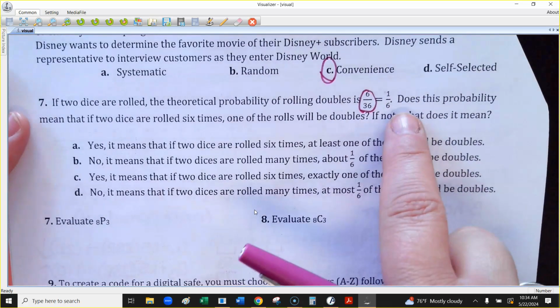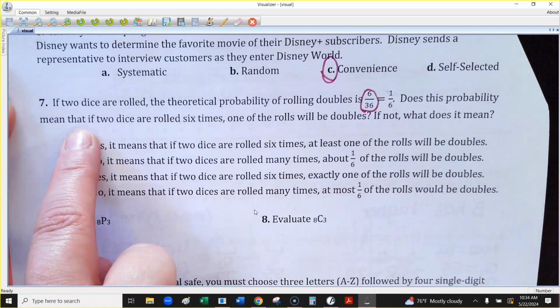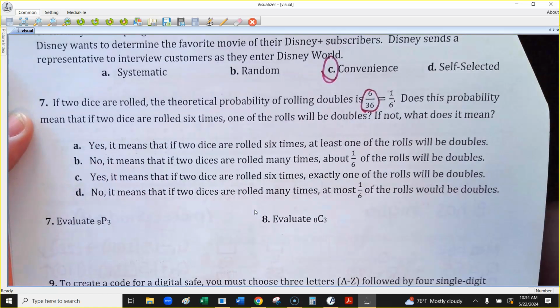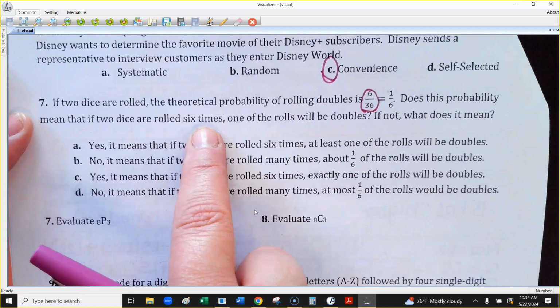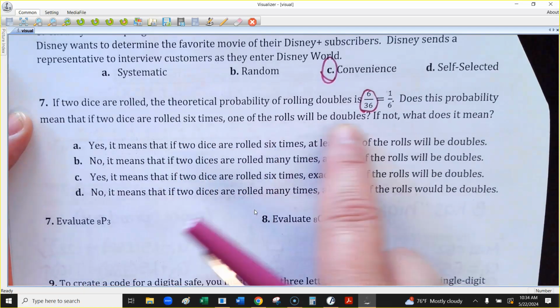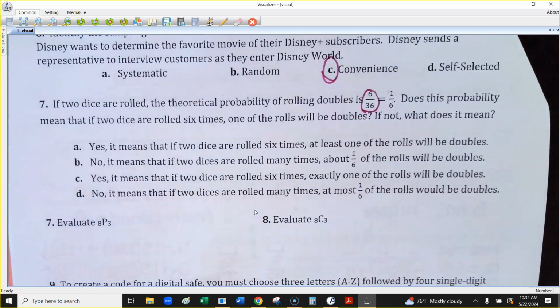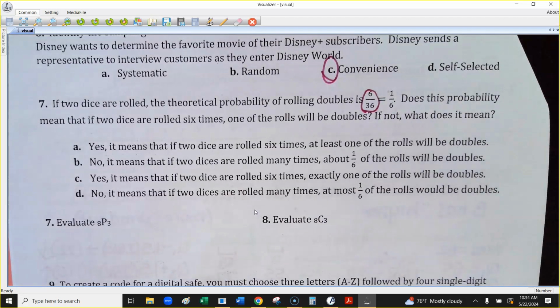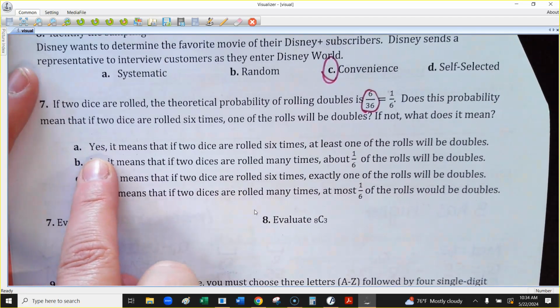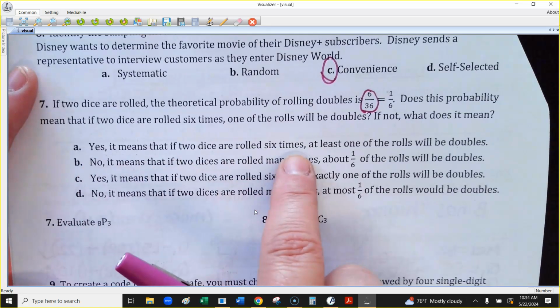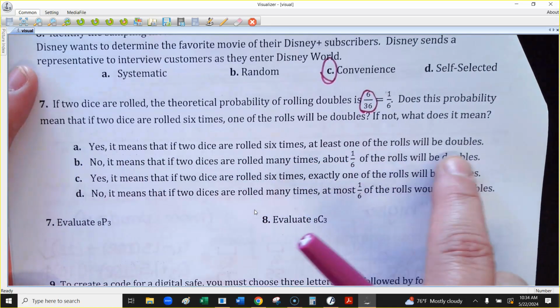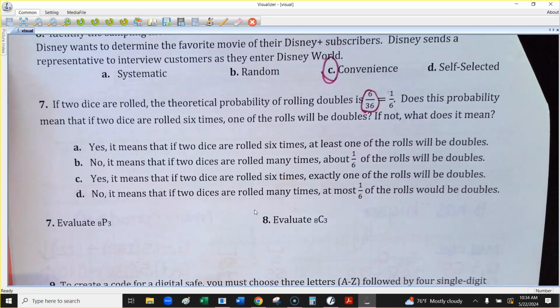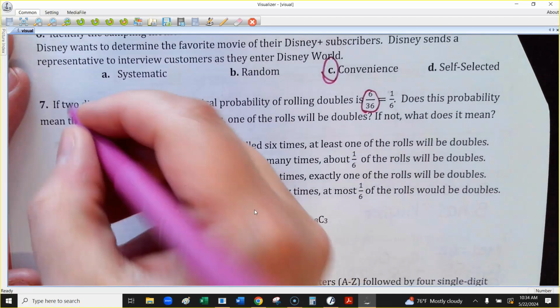Does this probability mean that if you roll 2 dice 6 times, one of the rolls has to be doubles? You're going to just tell me yes or no. It says yes, it means if 2 dice are rolled 6 times, at least one of the rolls has to be doubles. No way.